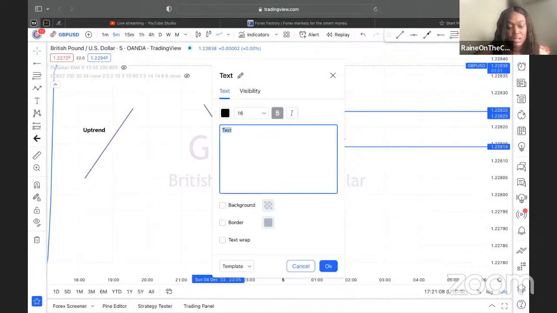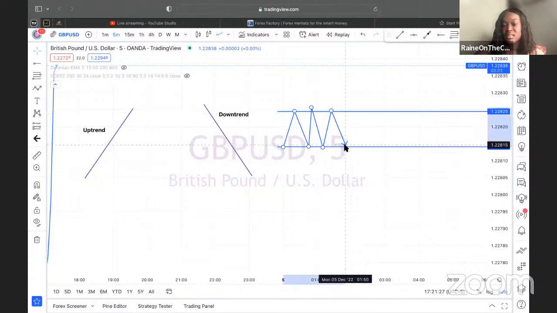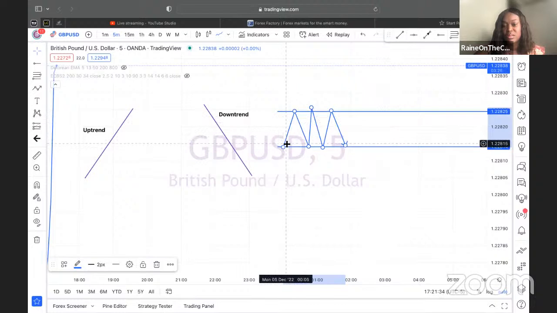All right. Some would call it bearish. Bullish is going up. Bearish is going down. All right. And when it's moving like this, anybody know what this is called? Sideways.